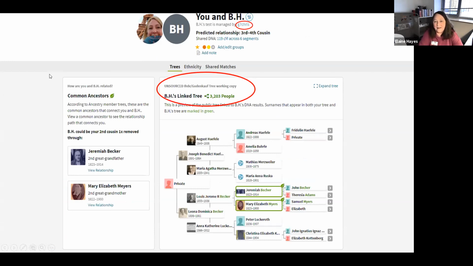And it has their predicted relationship. I've added them to a particular group already because I figured out how we're related. But below we can see the family tree, and Ancestry put in green who our common ancestors are. So Jeremiah Becker and Mary Elizabeth Myers are both in our family trees.